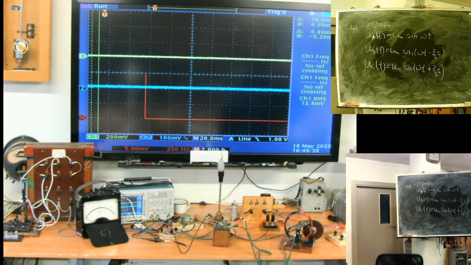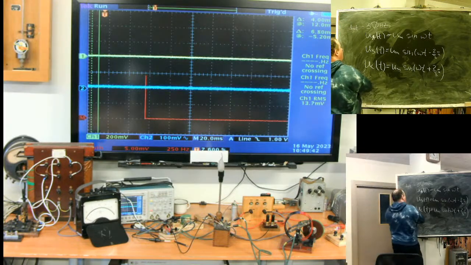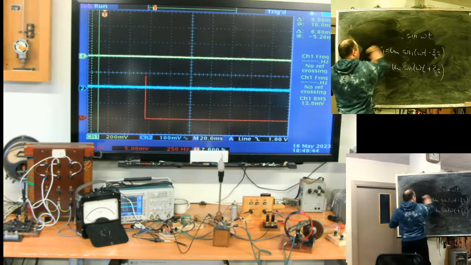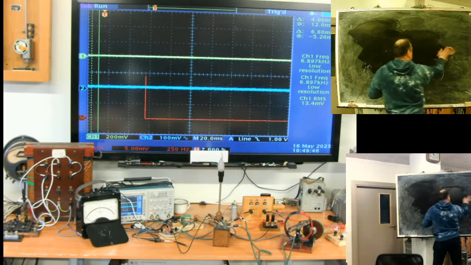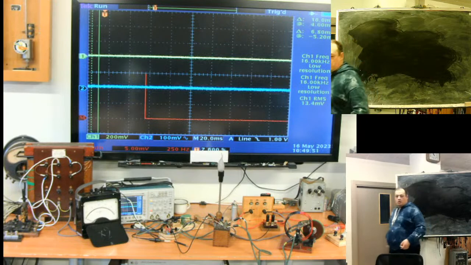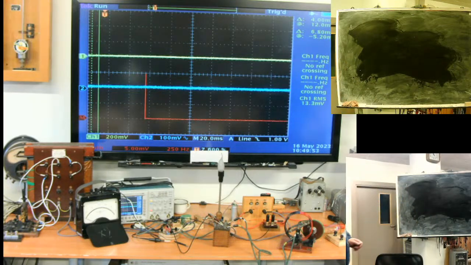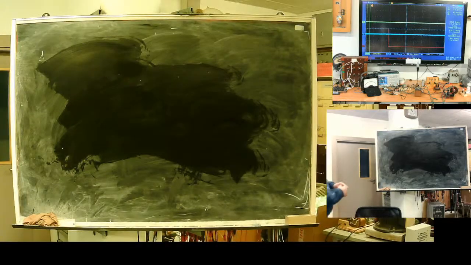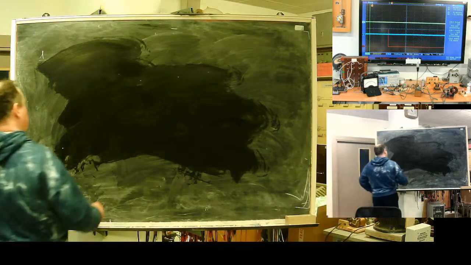And if not ideal, voltage can be written in form of a Fourier series.